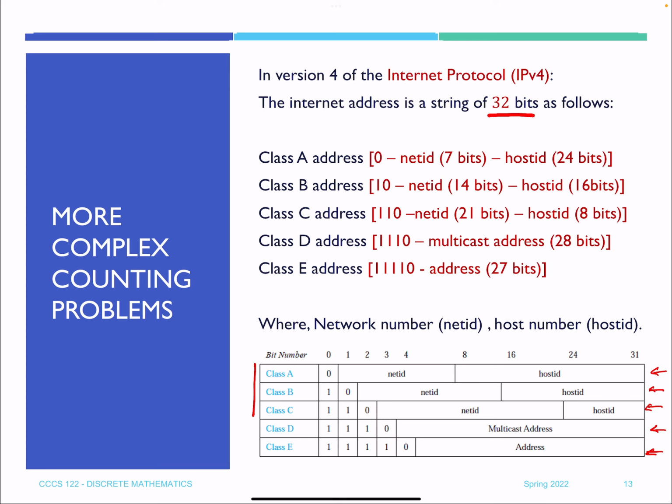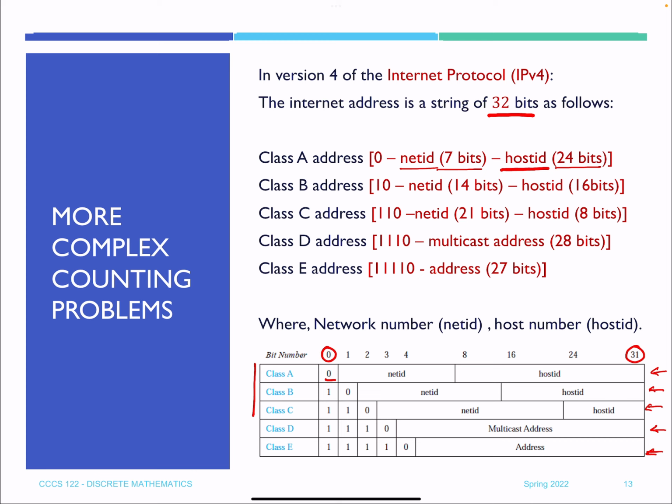You can see that in class A, we've got 32 bits, numbered from 0 to 31, of course. The first bit has to be a 0. After that come 7 bits that we call the network ID, or net ID, followed by the remaining 24 bits, which are called the host ID.